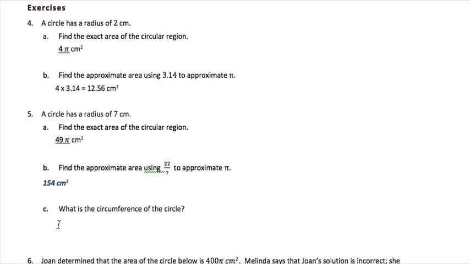Then we're asked, what is the circumference of the circle? So we have to think back to our formula for circumference, which was pi times diameter. So our diameter would be 14. 14 times 3.14 is 43.96.